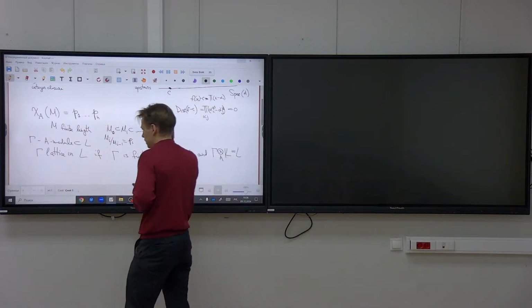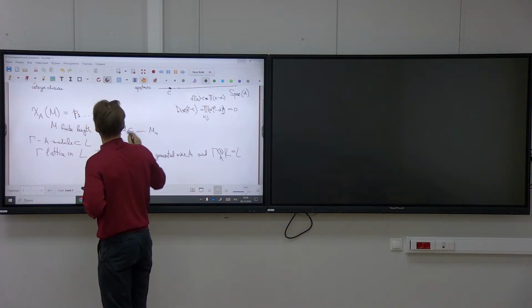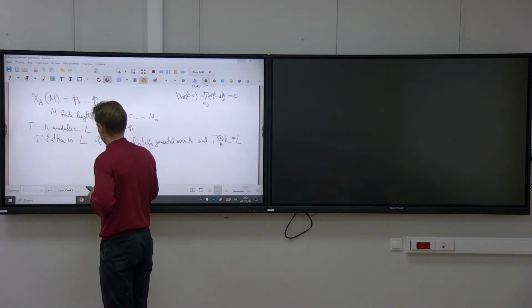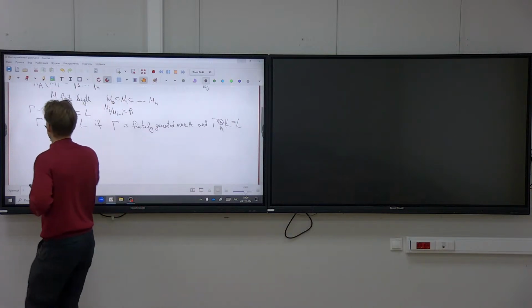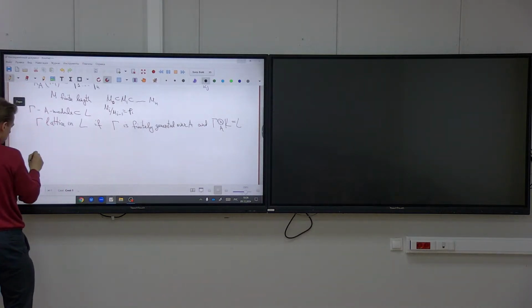Yeah, so the lattice can be also introduced for a vector space over a field. Yeah, so we can consider V more generally.